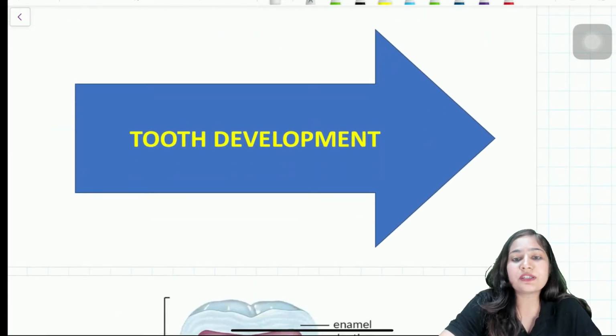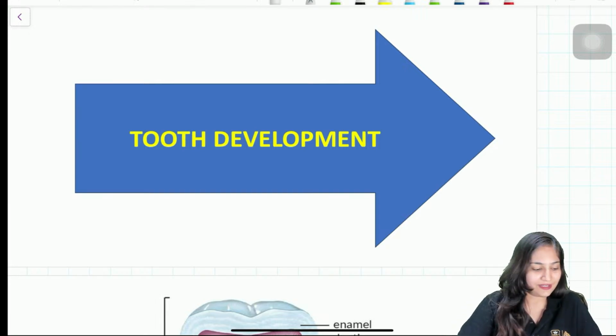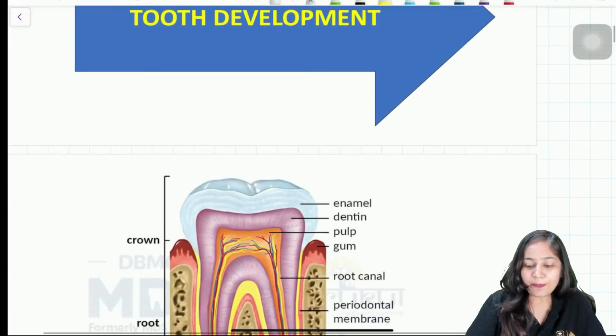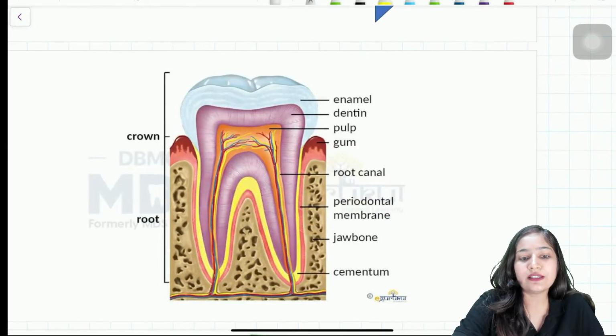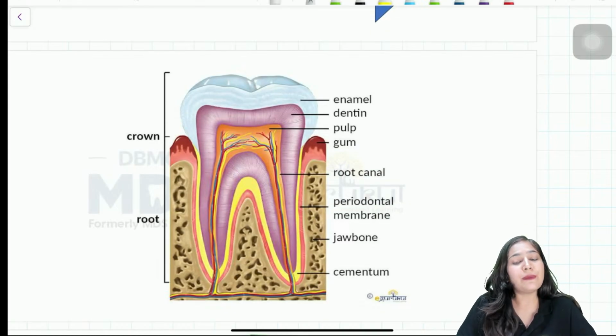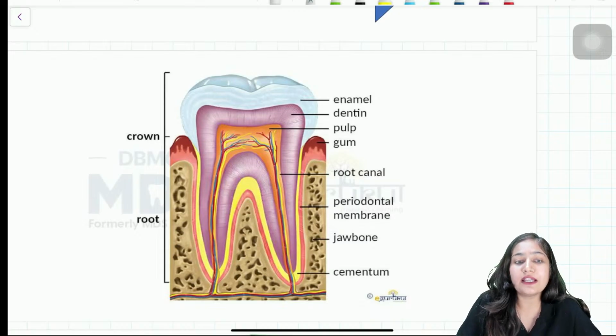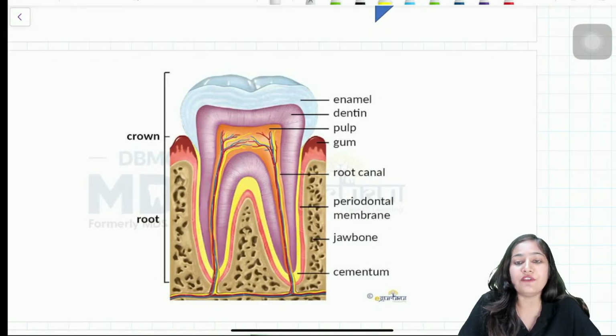So which is the most important topic of DH? Tooth development, right? So in tooth development, what we will discuss? We all know the hard and soft tissues of the tooth. Enamel, dentin, cementum are the hard tissues of the tooth, and the pulp is the soft tissue, with surrounding structures like PDL and alveolar bone.